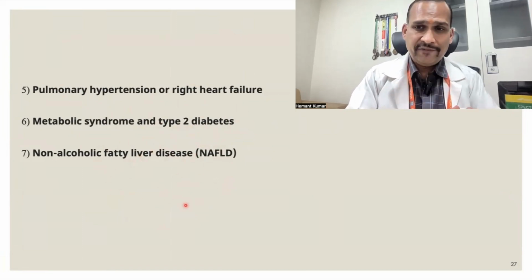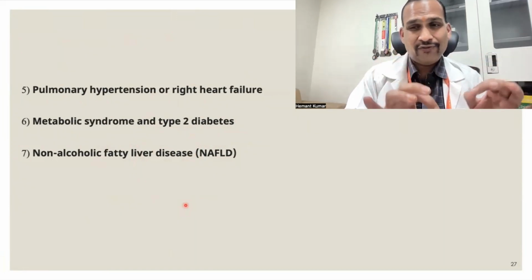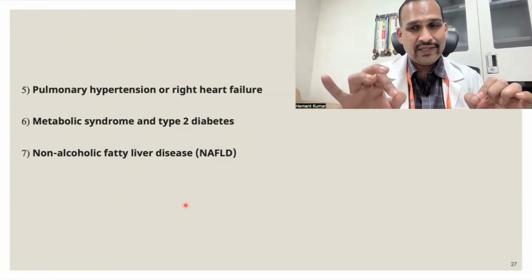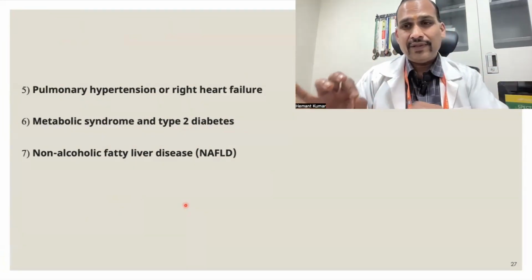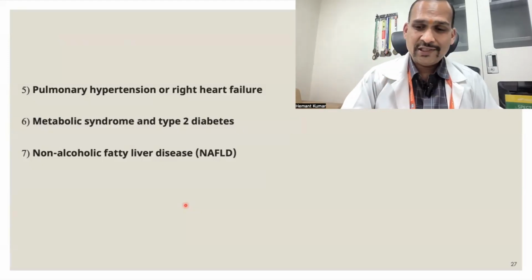So in a female, if you find liver cirrhosis, you should suspect OSA. In an OSA patient, if you do not treat, the patient may develop liver cirrhosis even without alcohol. So these are the complications.